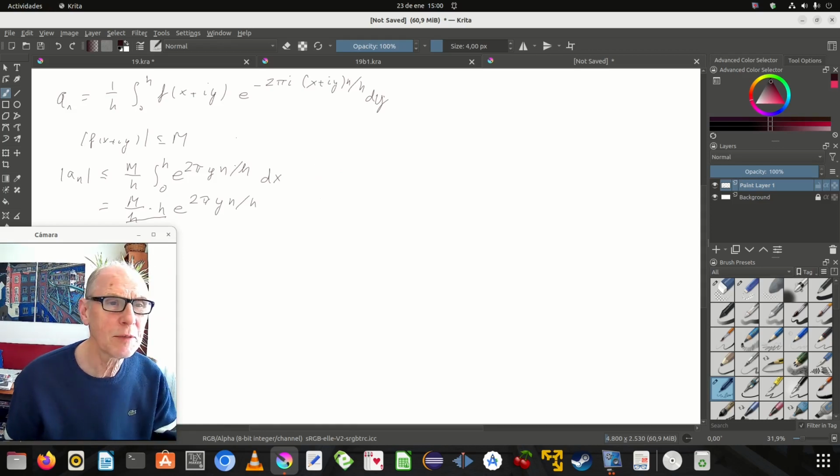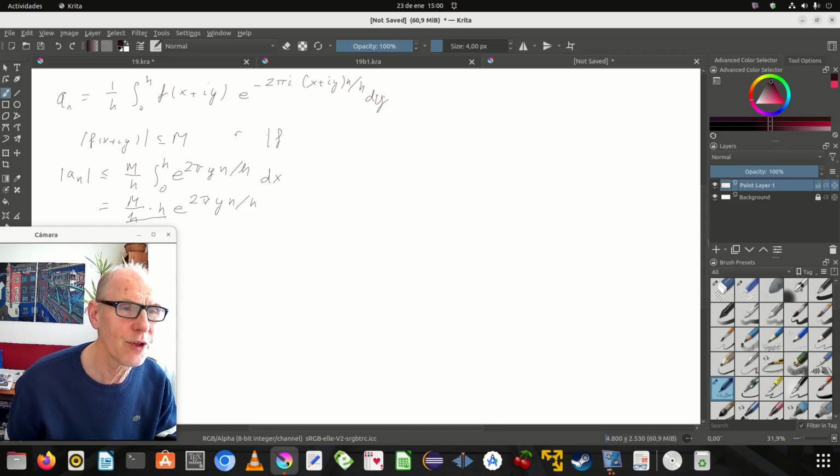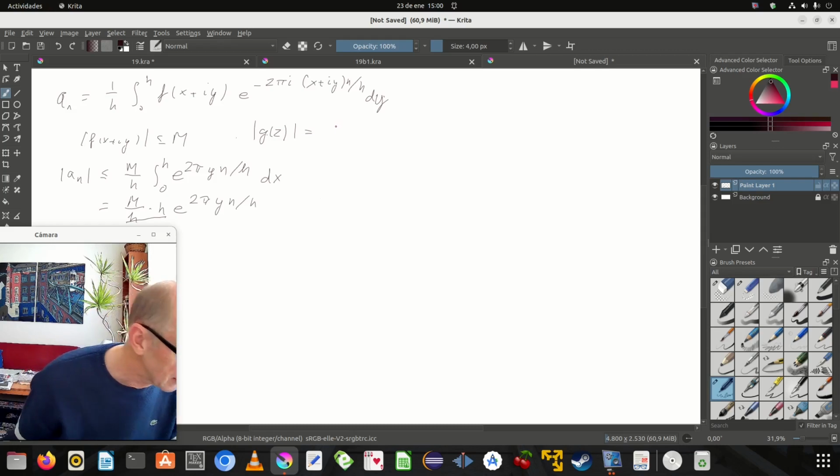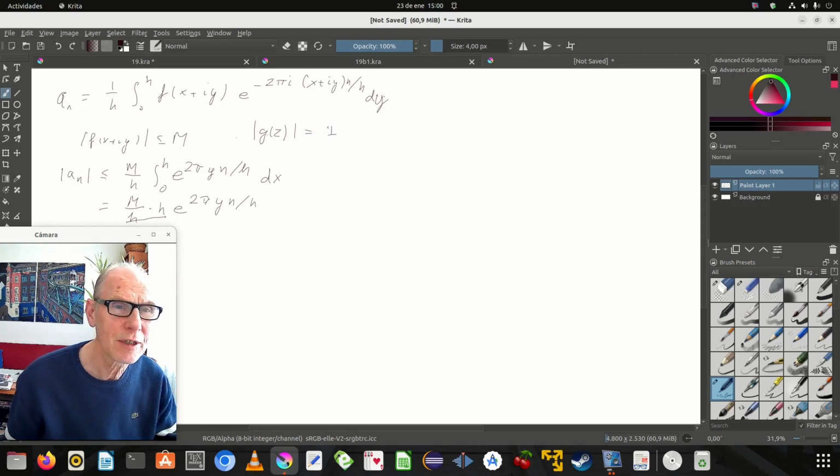That's because what is bounded is not f of z. What is bounded is g of z. And g of z is imaginary part of z to k halves times, yeah, we can just do it with f of z.